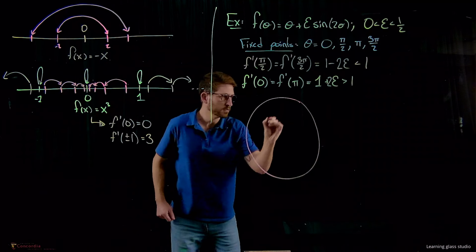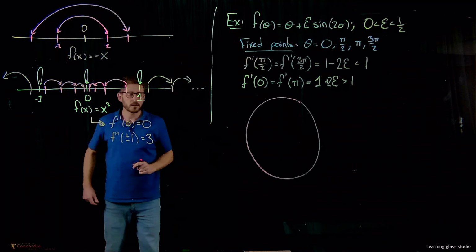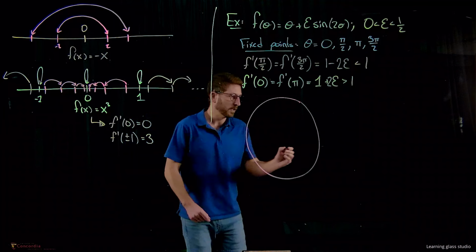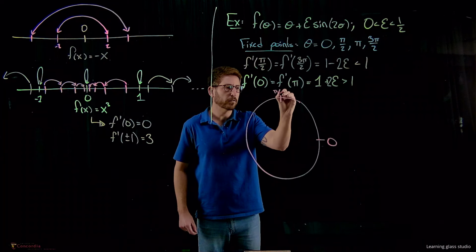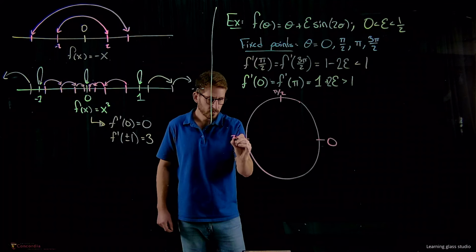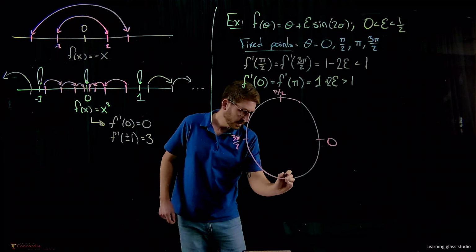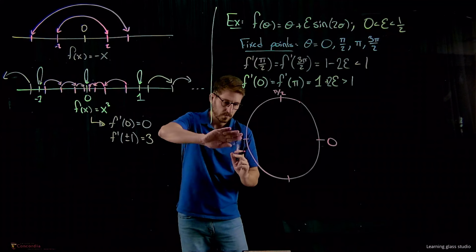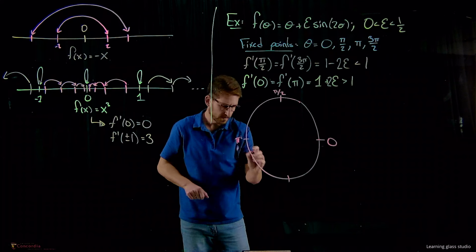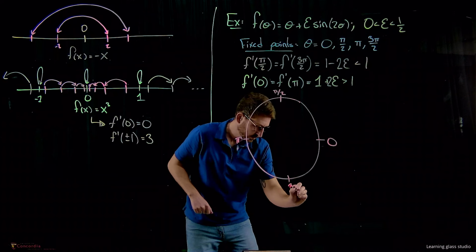Here's my circle. Honestly, not the worst circle I've ever drawn in my life. 0, pi over 2, pi, and 3 pi over 2.